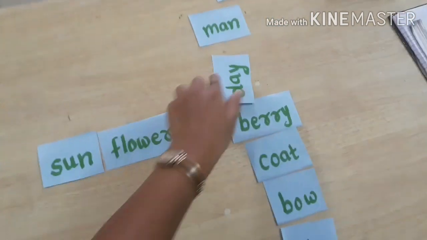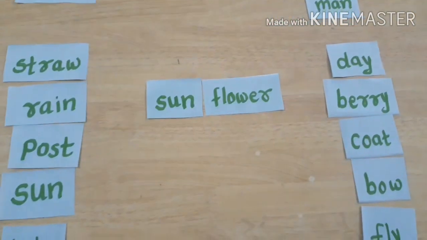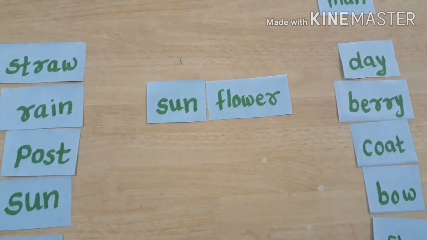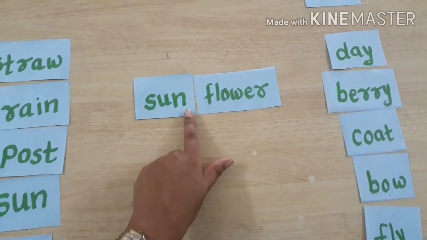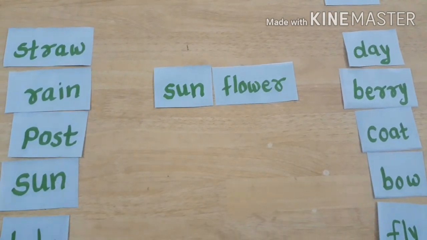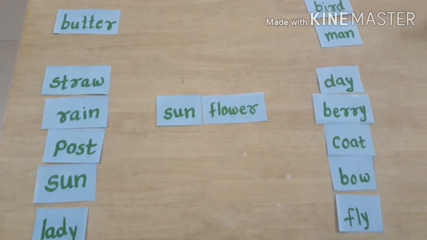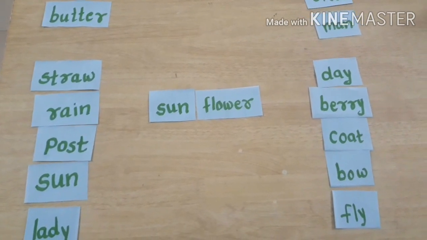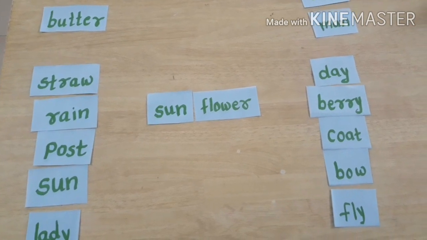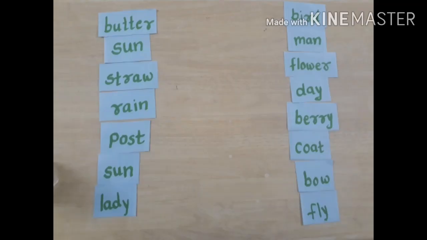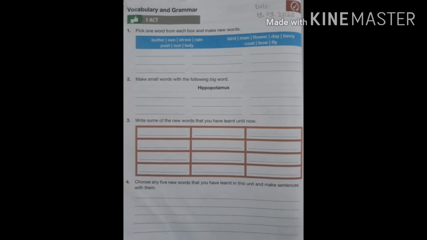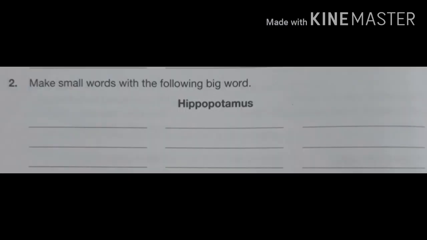Is there any word like sunflower? Yes. Sunflower is a new compound word. This is how you have to make compound words using the words from each sides. And complete the question number 1 by your own.